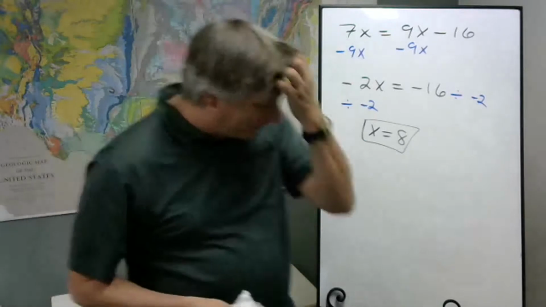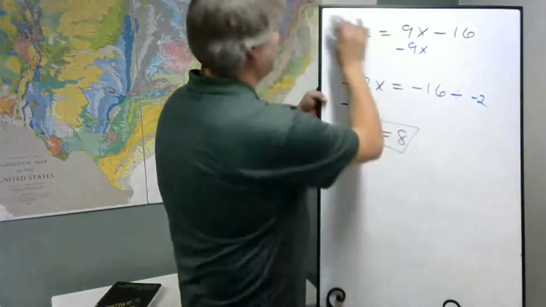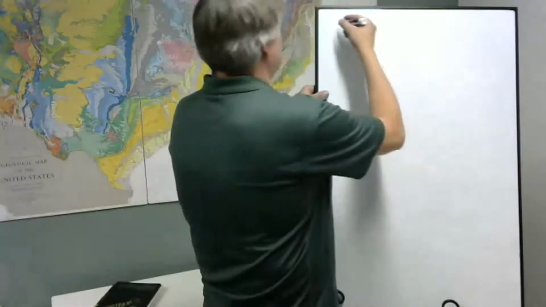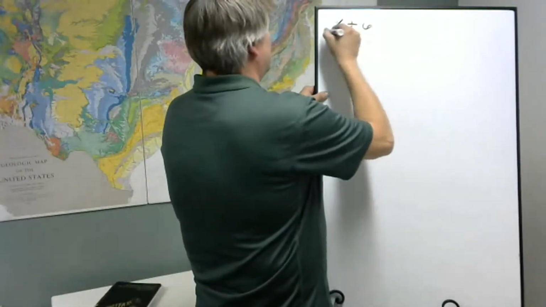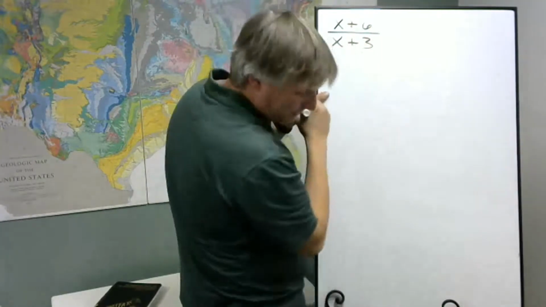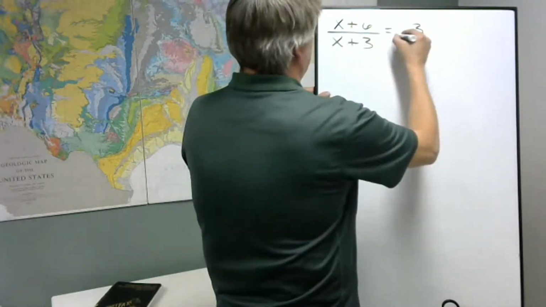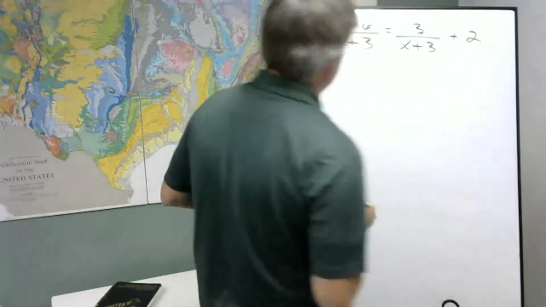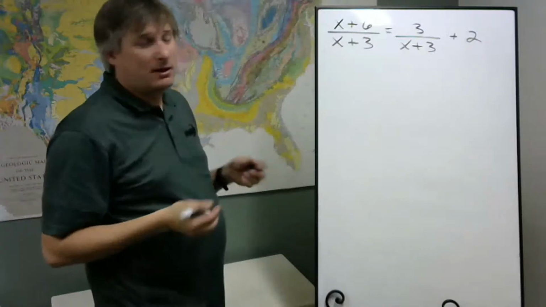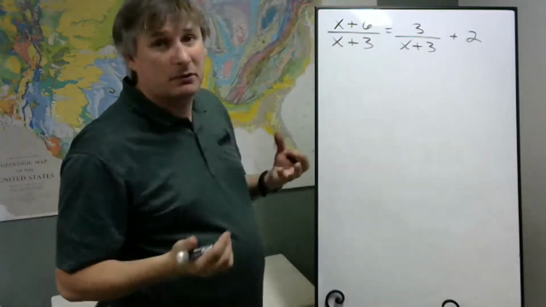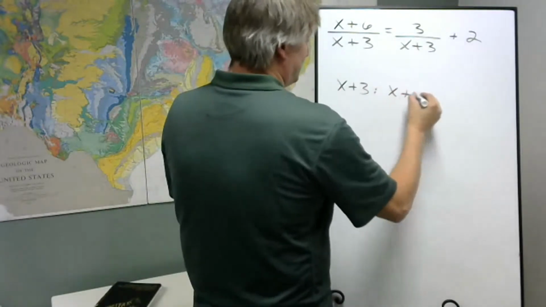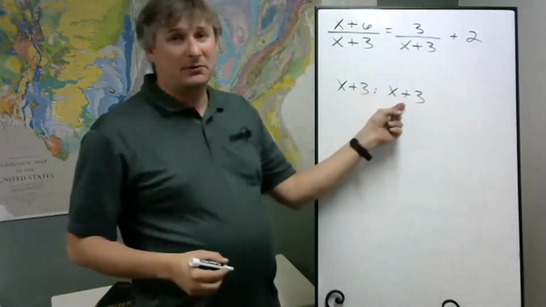So let's take a look at another one. Now let's say we have this one. So once again, let's look at all the denominators. Well, there's really only one, x plus 3, and that just factors as x plus 3. So this will become our LCD.